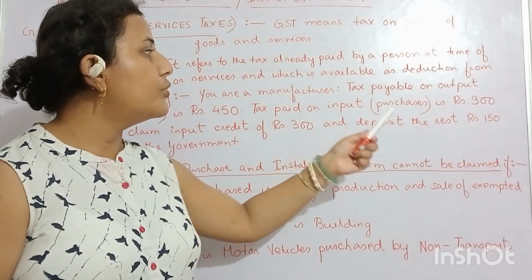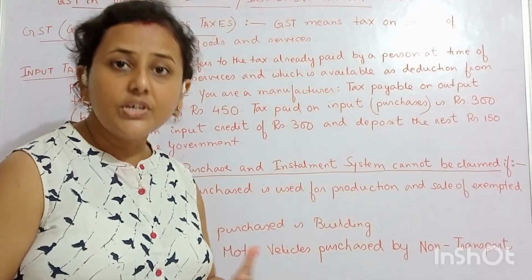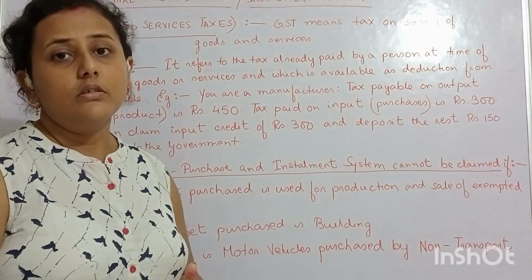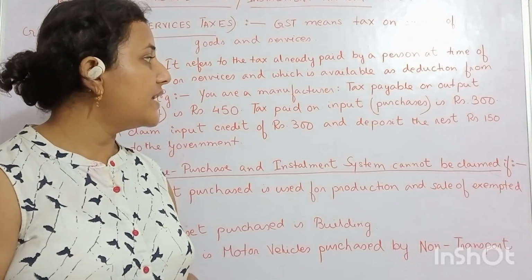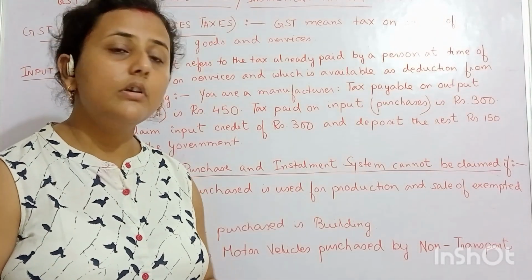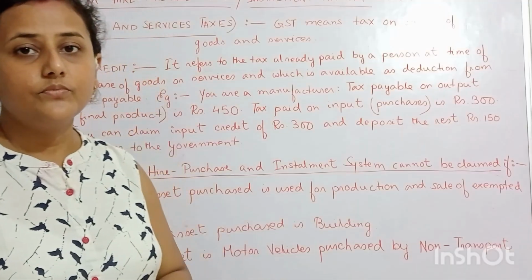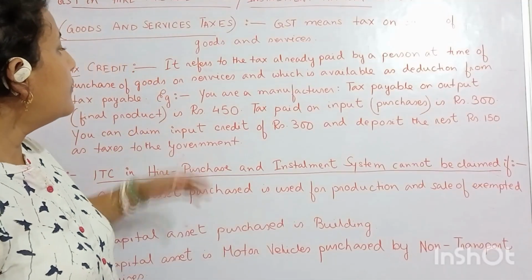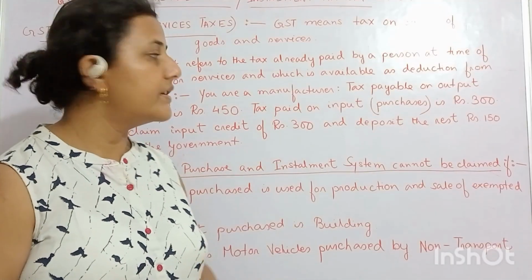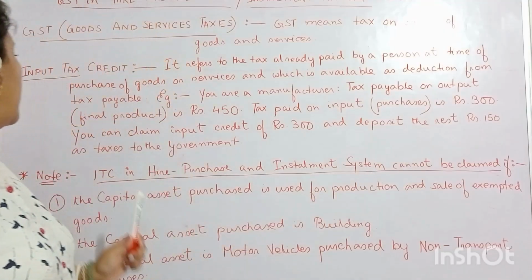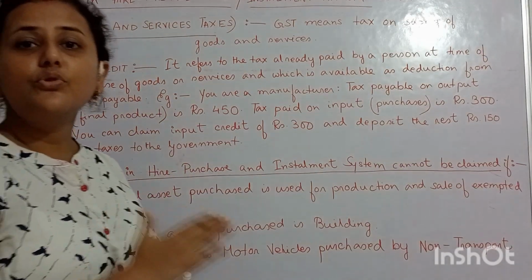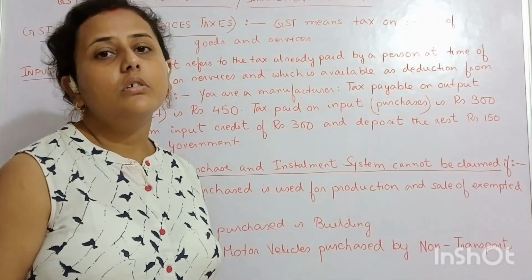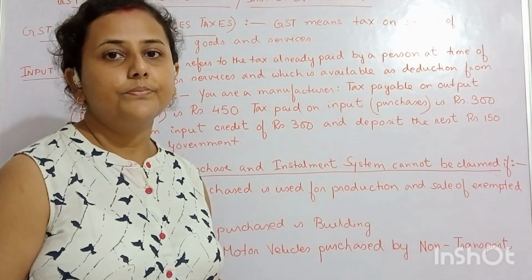Tax paid on input purchases, for the purchase of the product, is rupees 300. The difference between 450 and 300, that is rupees 150, is deposited to the government treasury.